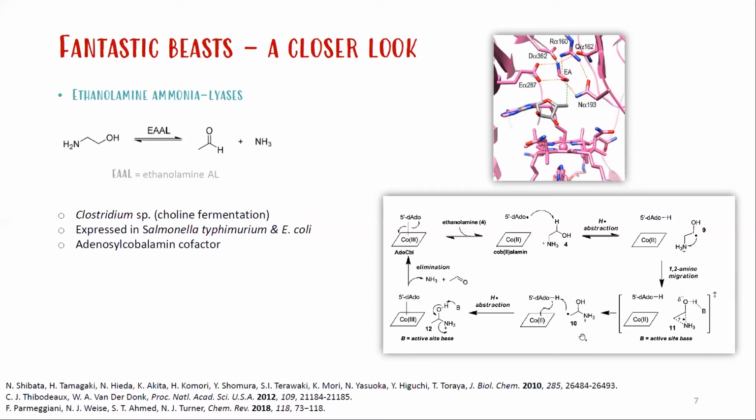And so yeah, in the end, after the radical is quenched again, we just have elimination of the amino group and formation of the aldehyde like this. So again, completely different from the previous classes, but just taking a look at the final outcome of the reaction, we would classify the enzyme as an ammonia lyase as well.